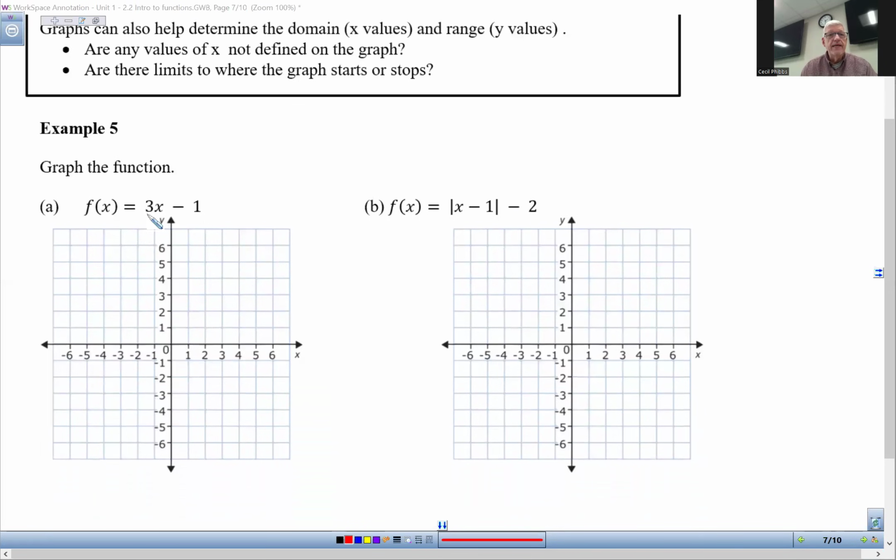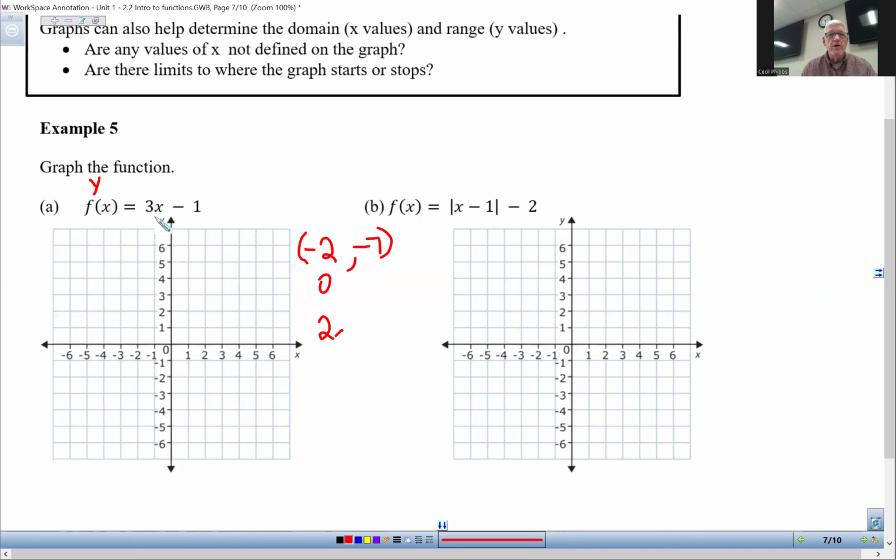So we've got 3x minus 1 as our function. That means we let x equal negative 2, 0, and 2. Again, remember, y represents f of x. So if we plug our values in and get f of x, that's going to be the y values on our graph. When x equals negative 2, we get negative 2 times 3 is negative 6, minus 1 is negative 7.